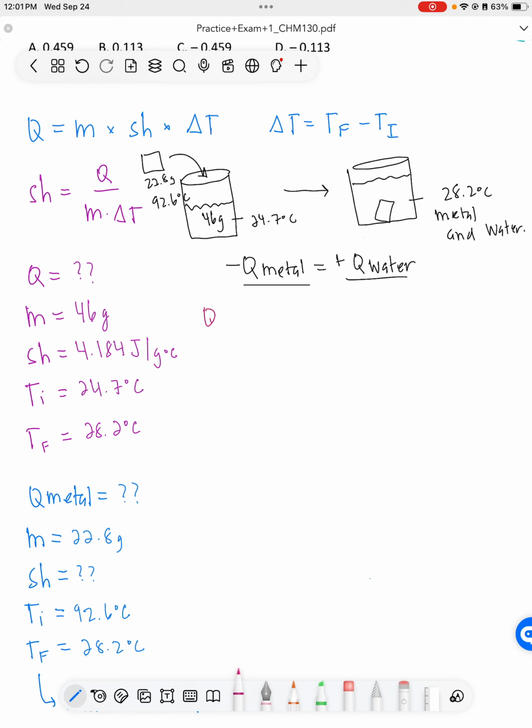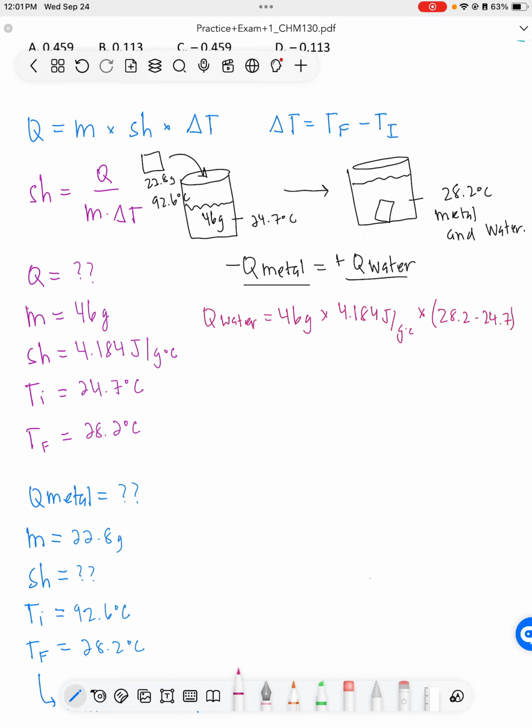So my Q of water, which I know will be positive because it's taking the heat, is going to be the mass times the specific heat times our change in temperature, which is going to be final minus initial.